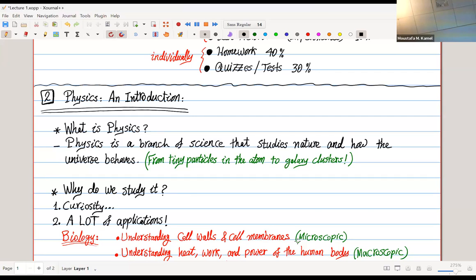So physics, of course, follows the scientific method. You guys all know the scientific method, but just for a refresher, you start with an observation, and then you try to make a hypothesis to explain that observation. Then you test this hypothesis experimentally, see if it passes the test.